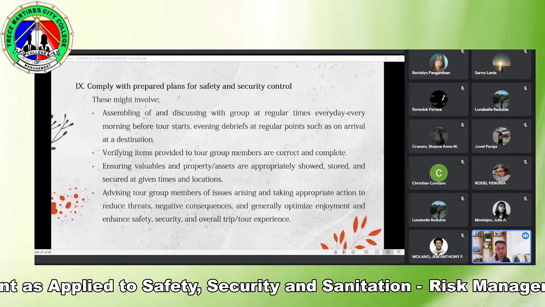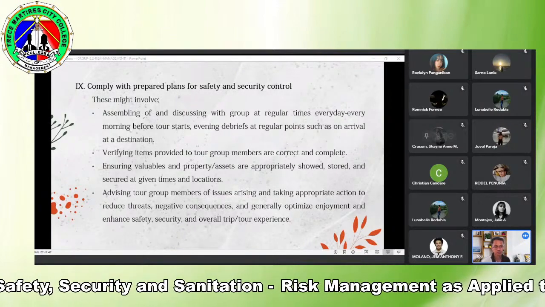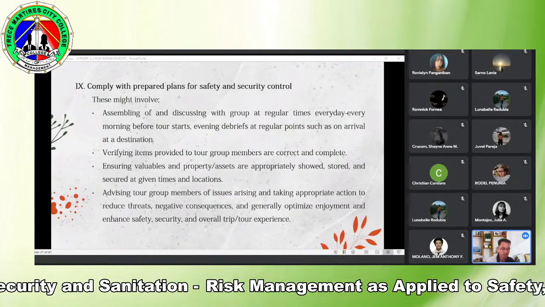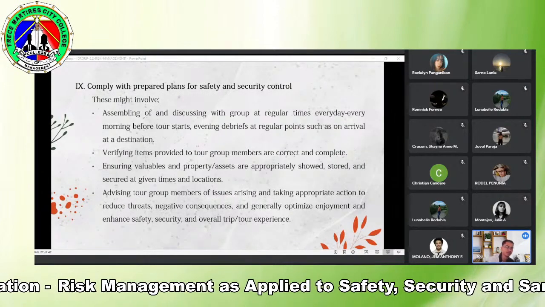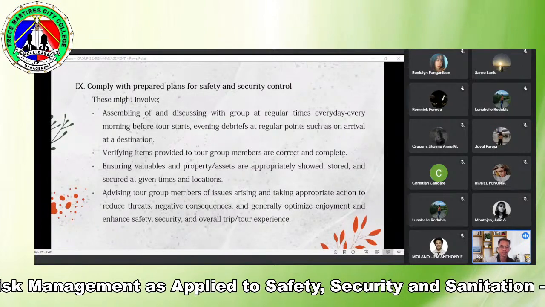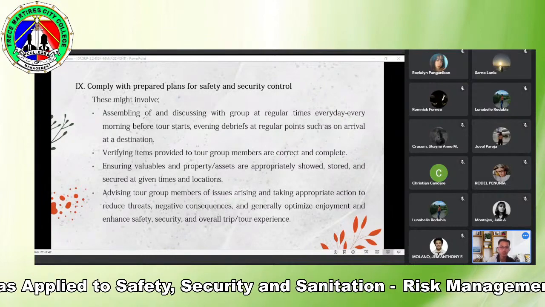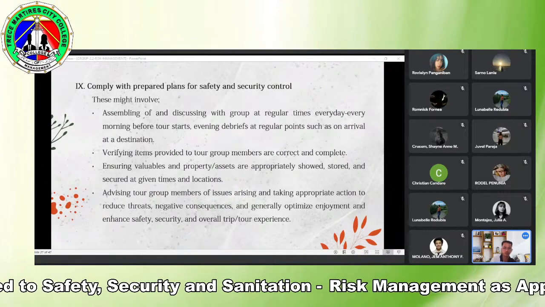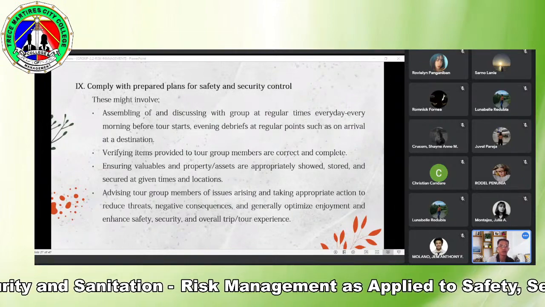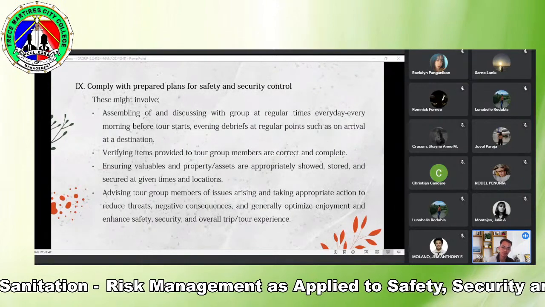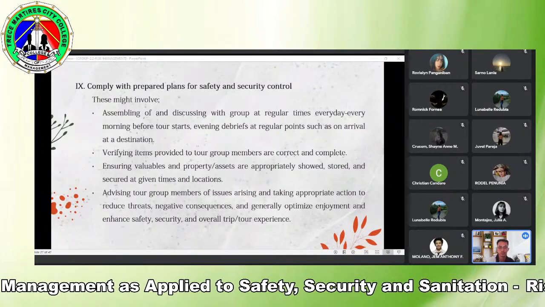Okay, when it comes to tour guiding, yes, in general, pag-briefing, bibigay ka ng information. Pag-debriefing, you're asking someone. But in tour guiding or in the hospitality industry, mostly in tour guiding, briefing is what will happen to this tour. Yes, you're going to give some information about what will happen to the tour.